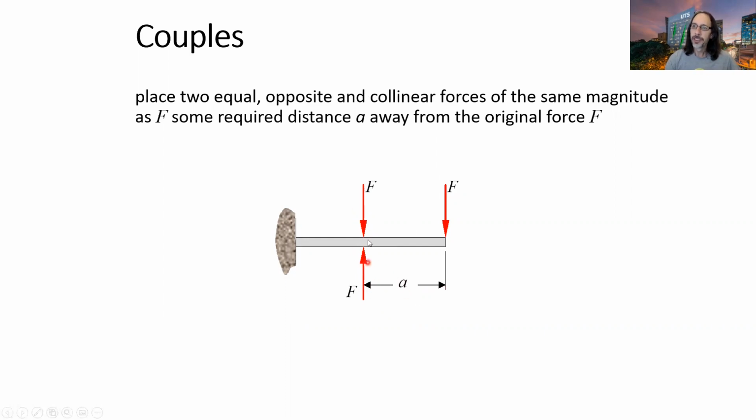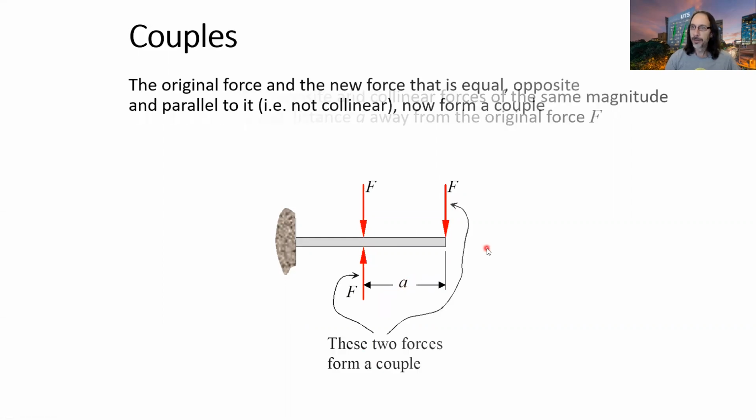And if we put these two forces here at some distance A away, then we can recognize that this force here, our original force, and one of these two forces that we put here at distance A away form a couple.